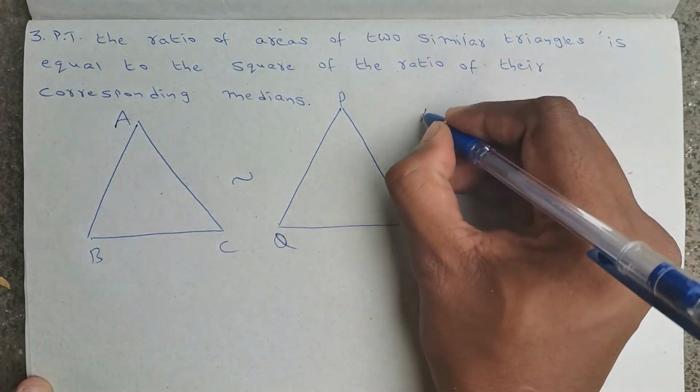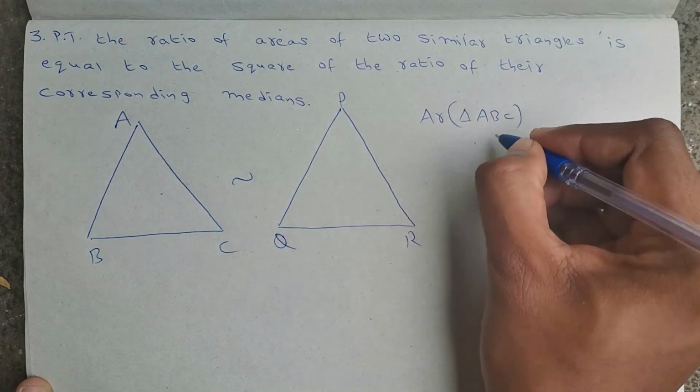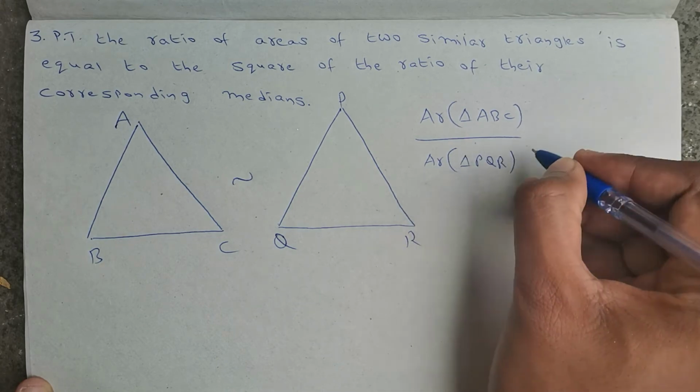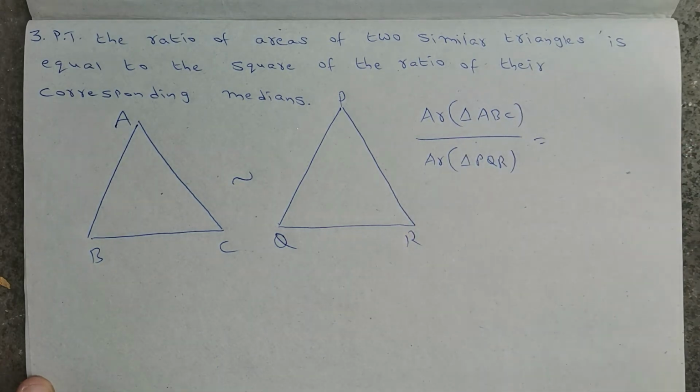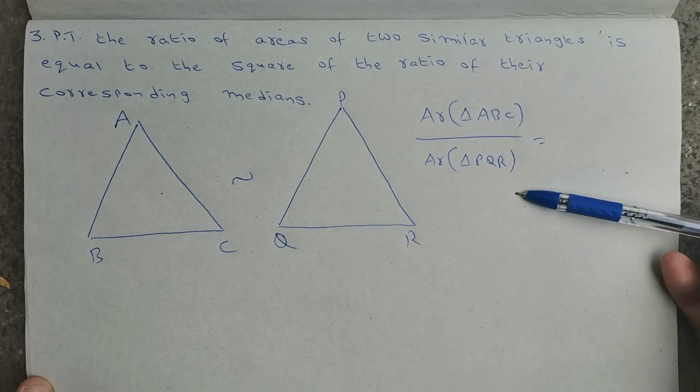Now, he is saying something about the ratio of areas. So, area of triangle ABC divided by area of triangle PQR, already we know, the area of the first triangle divided by the area of the second triangle is equal to the squares of the corresponding sides.